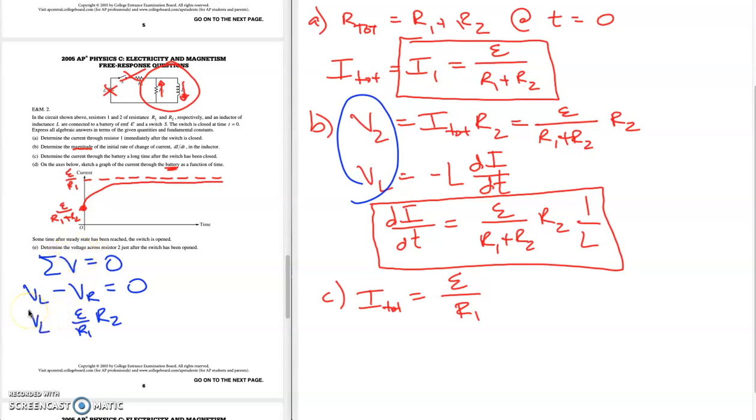So the voltage across the inductor is going to be voltage across the resistor, which is E over R1 times R2. They are still the same. They've just been changed a little bit by the fact that the current has been built up, and the current is what we found in part C.